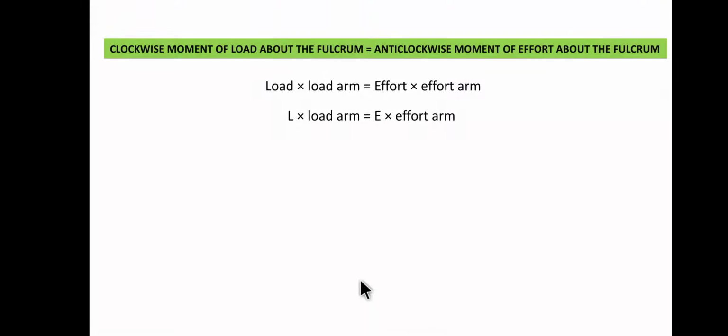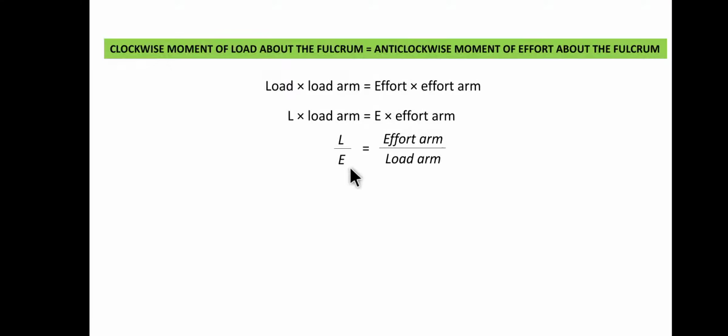Now if we bring this effort down to the left hand side, it will go to the denominator. So it will be L by E, which is equal to, and this load arm comes to the right hand side, goes to the denominator. So L by E is equal to effort arm by load arm.